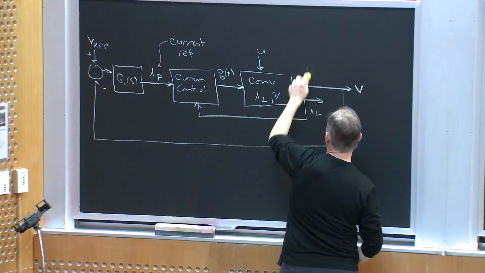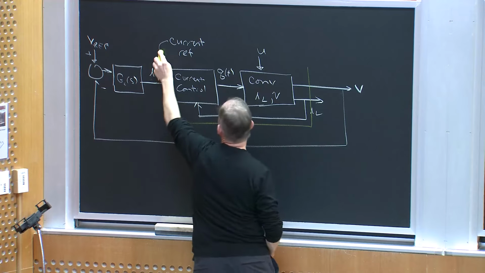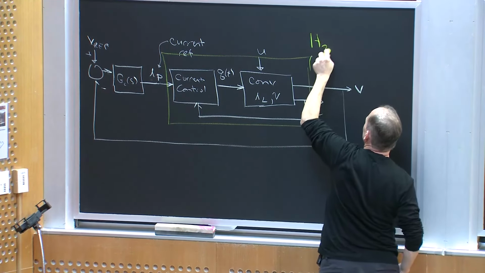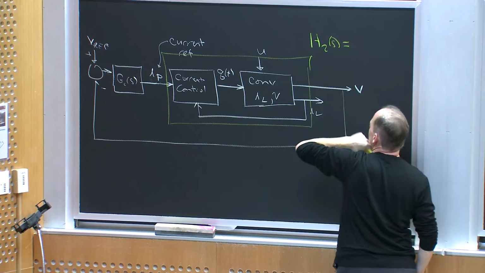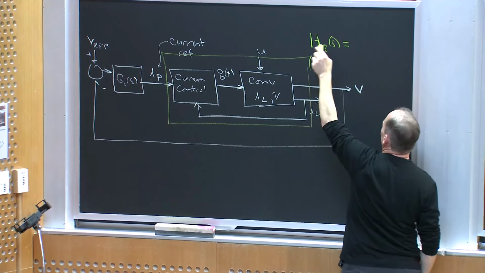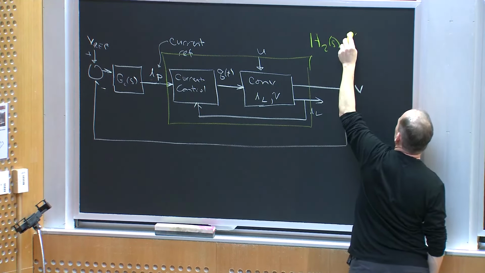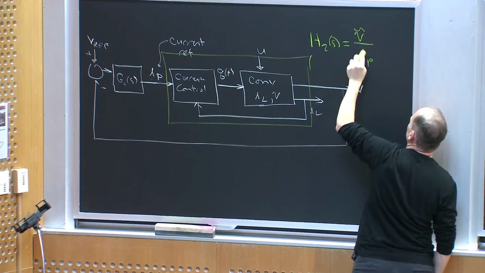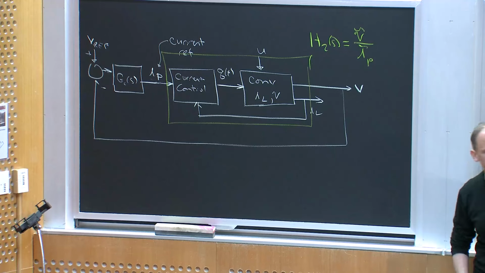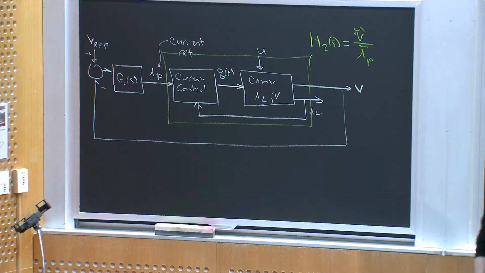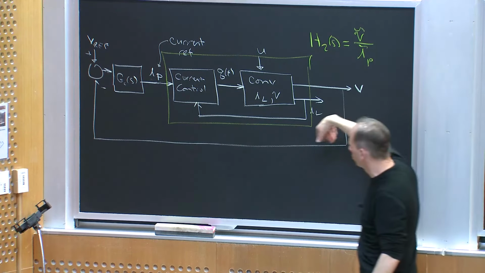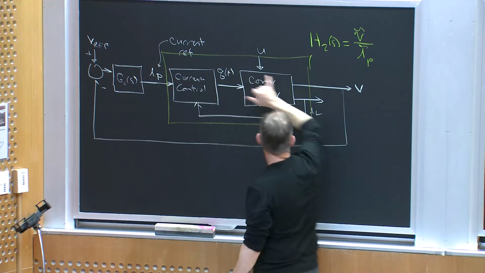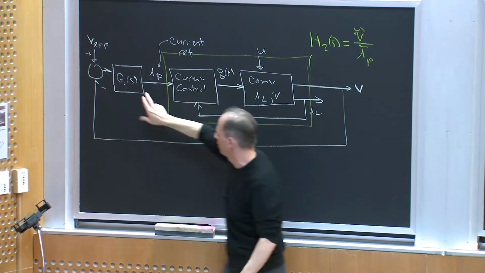So basically, I can take this out and swap it for an H2 of S that's basically equal to V tilde over I peak tilde. So I basically got my whole inner loop going, and now if I have I peak tilde and V tilde, I can now design my outer loop.